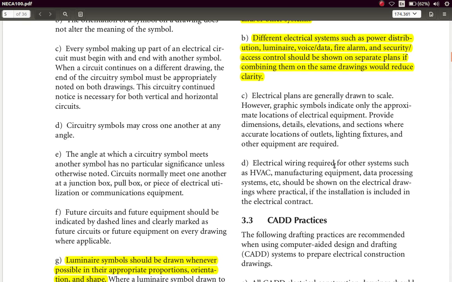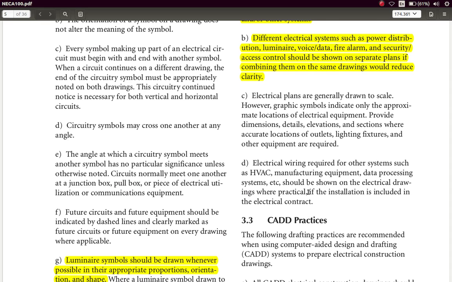Electrical wiring required for other systems such as HVAC, that's heating, ventilation, and air conditioning, manufacturing equipment, that would be in a factory or some industrial building, data processing systems, looking at an office area there, etc., should be shown on the electrical drawings where practical.